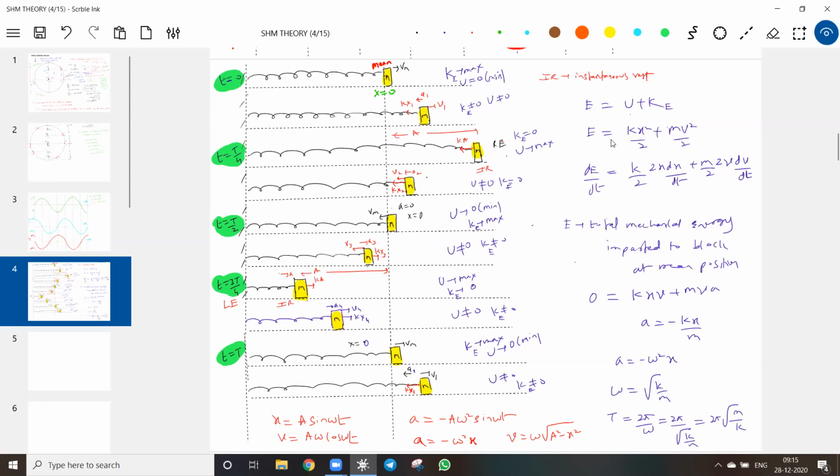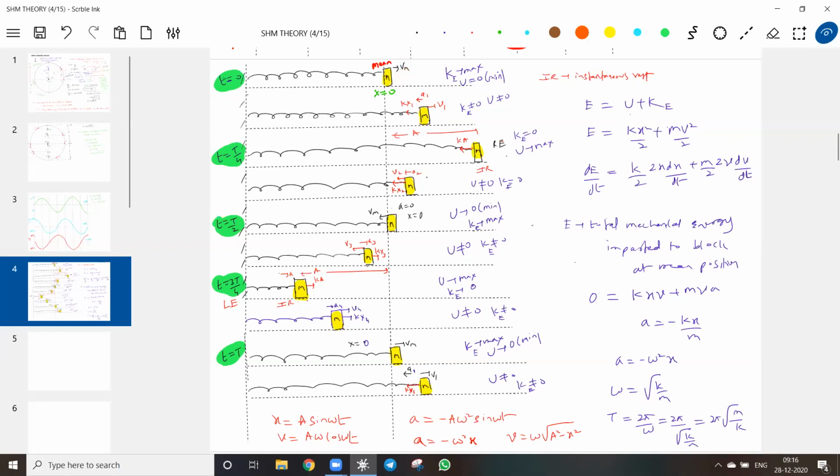Mass and spring constant. Mass of the block and spring constant. Will it depend on what speed I give at the mean position? Anybody wants to answer? So I'll give more speed. I'll double the speed. Okay, amplitude will increase. So how can you say?